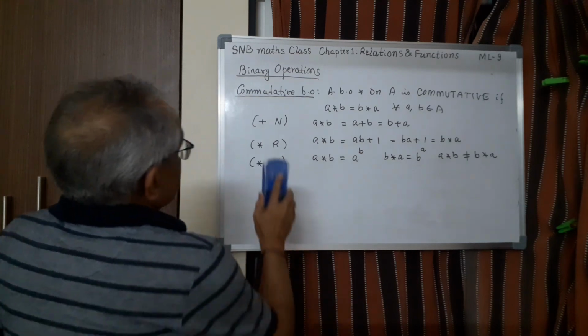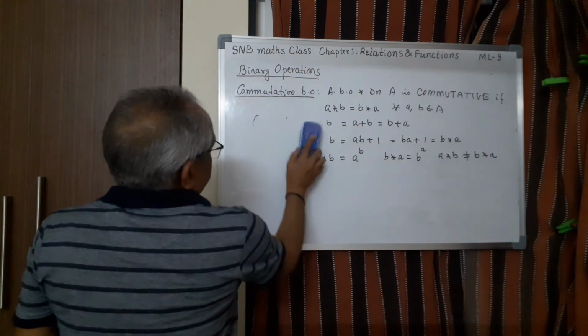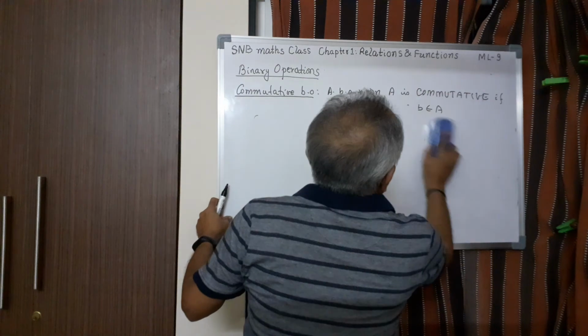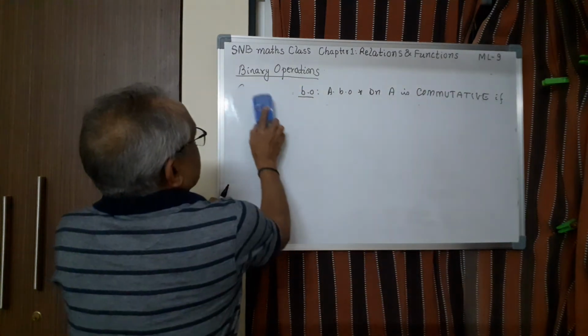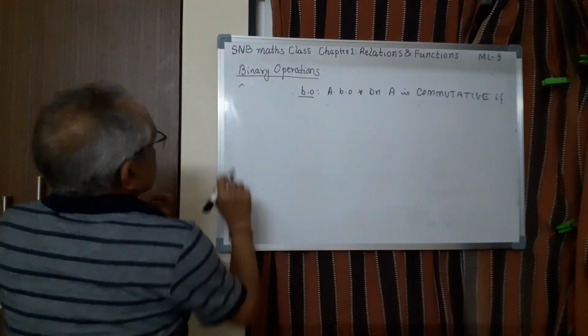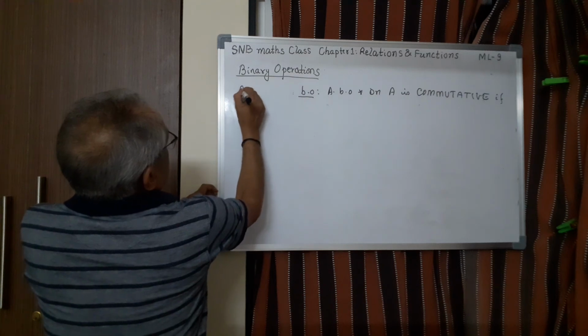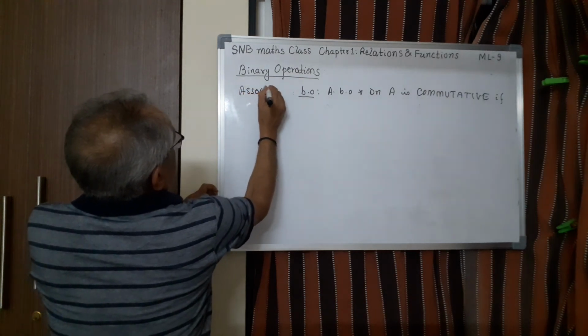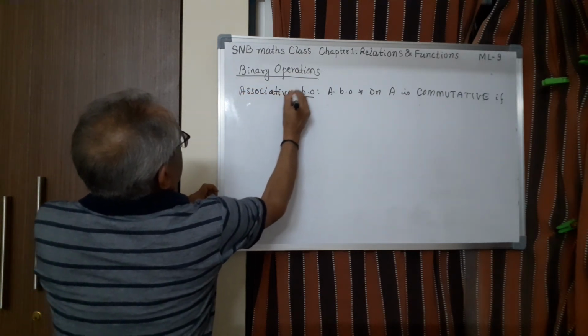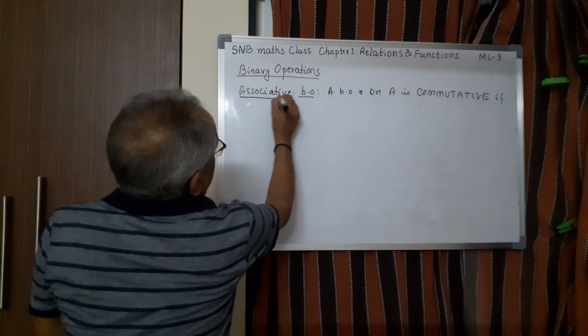The next concept is associative binary operation. So that is the second property. What do you mean by associative?